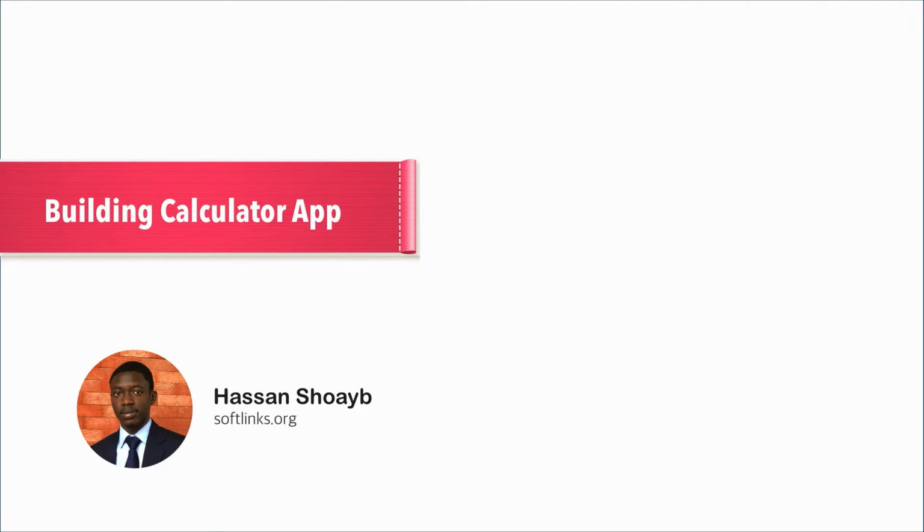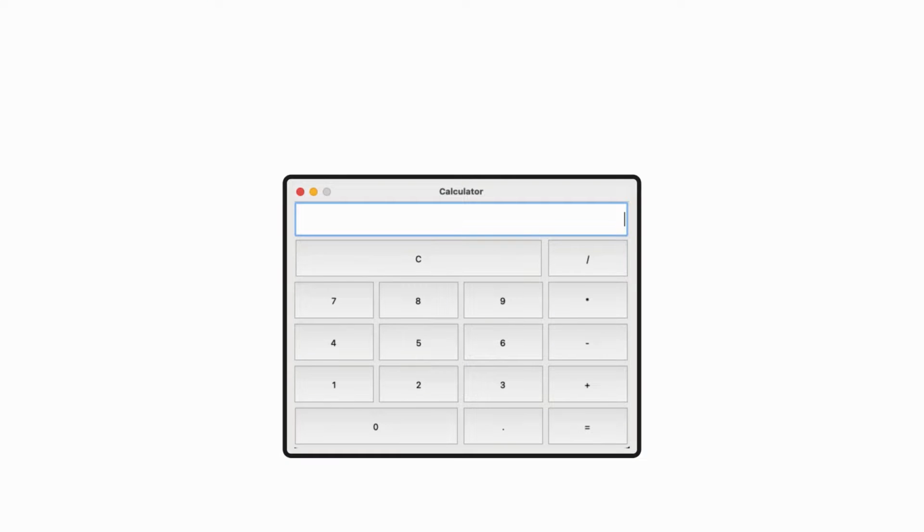Welcome to this lecture where we're going to be building our calculator app. To build this calculator software, we're going to use something called the Tkinter package in Python. Tkinter is a standard GUI library in Python, and GUI stands for Graphical User Interface.